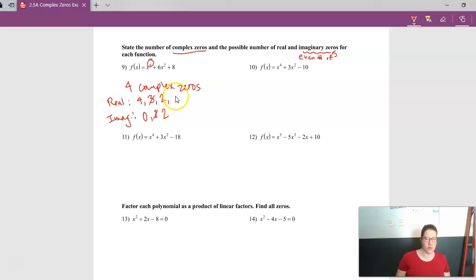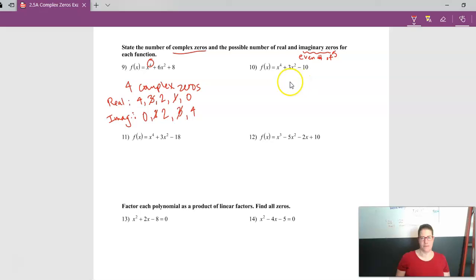If one of them were real, that would mean 3 would have to be imaginary. That can't work because 3 is not an even number and imaginaries always come in pairs. And then I could have 0 real and 4 imaginary. So the possibilities are that there could be 4, 2, or 0 real solutions, and 0, 2, or 4 imaginary solutions, because these are the combinations that add to 4 that still give me an even number of imaginary solutions.